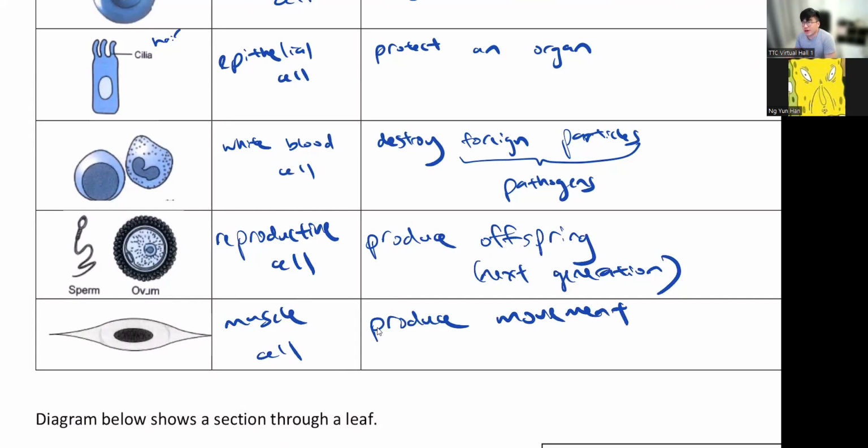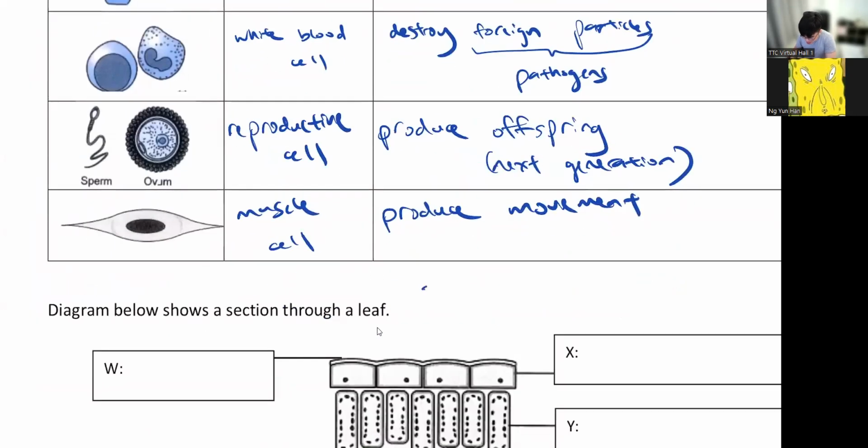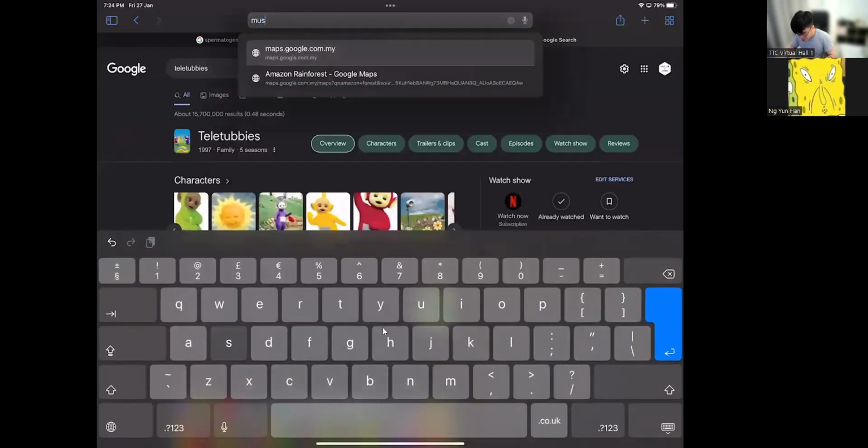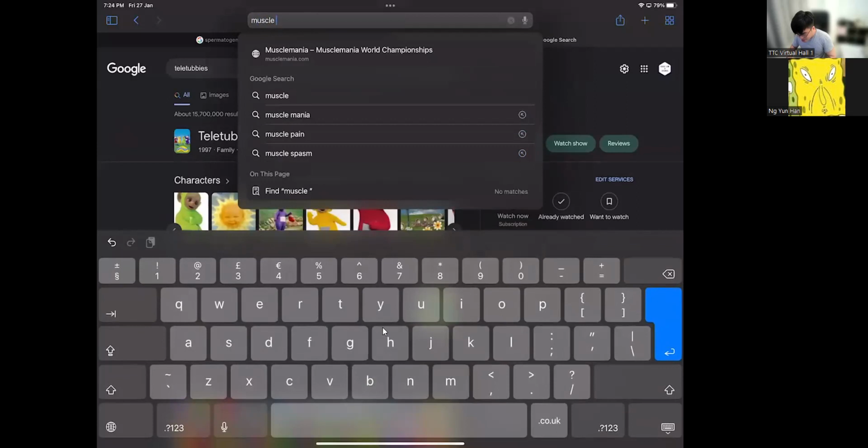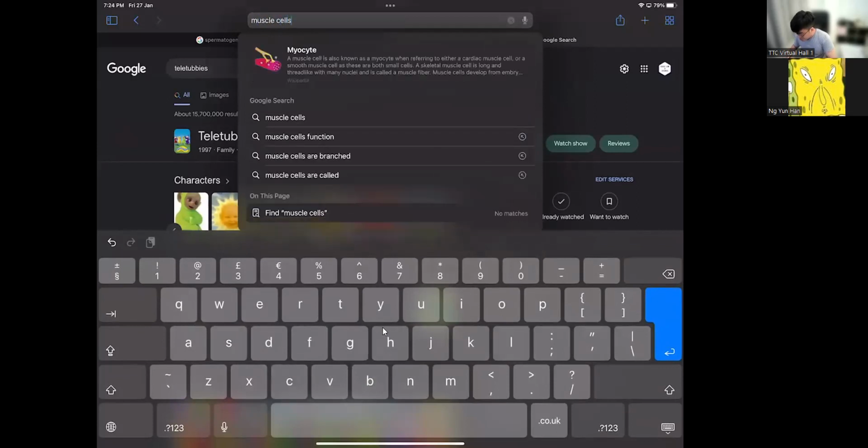Right. So think of them as tiny strings. You see, if this is your muscle, you have tiny strands of it. This is your muscle, right? So if you zoom into every strand, you should see millions of this.